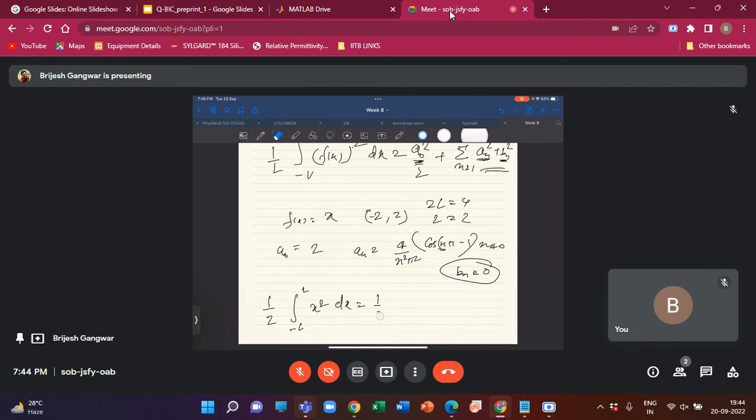You can directly write a naught, so a naught is 2, so 2 square by 2 plus summation n equal to 1 to infinite, an is this one, so this will get 16 square, so n to the power 4 pi to the power 4, and it will be cos n pi minus 1 the whole square.